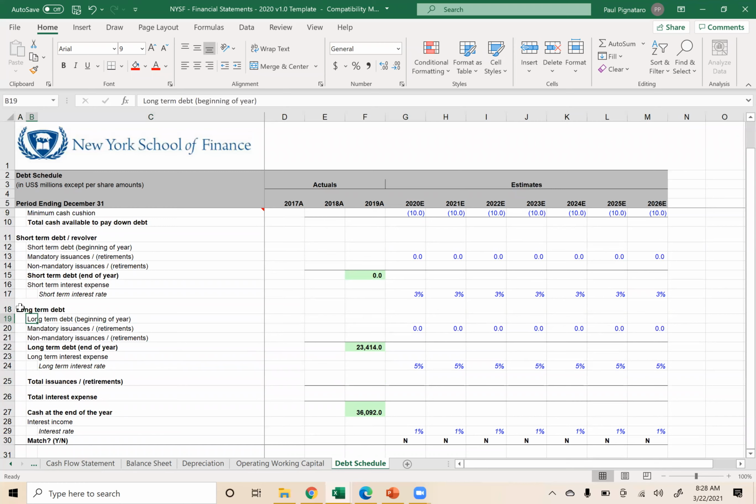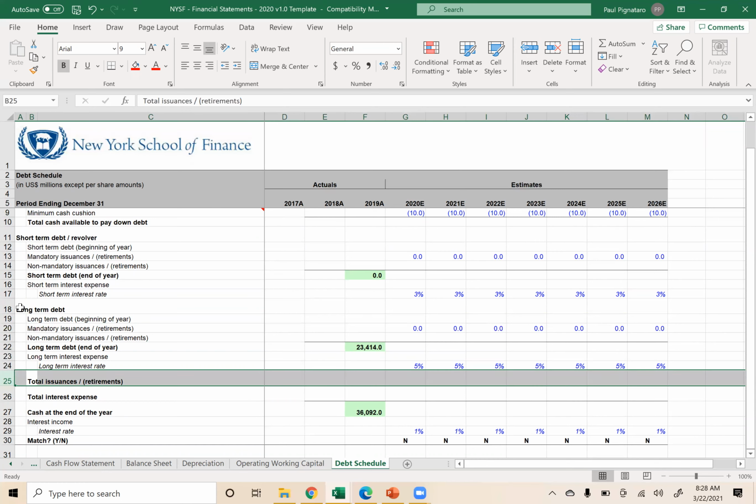Each section has 1, 2, 3, 4, 5, 6, 7 line items. So I'm going to make 14 new spaces. Go Shift space bar. Then I'm going to go Control Shift plus 14 times.